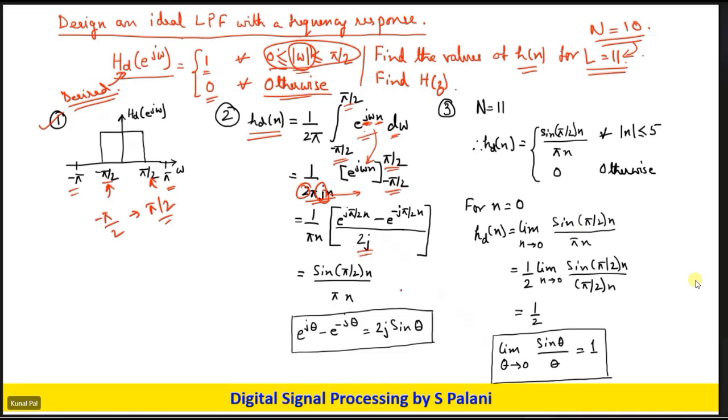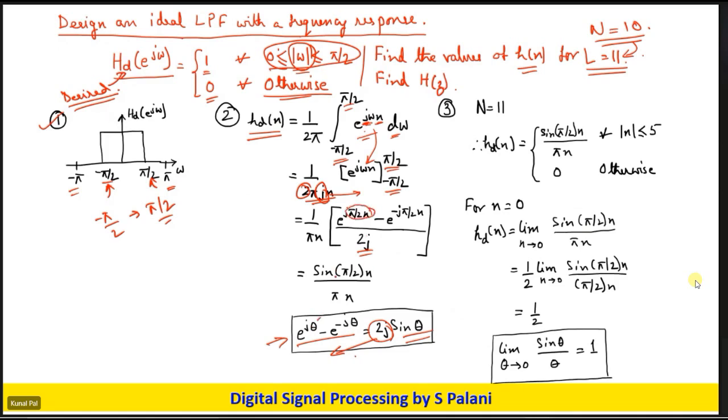If you remember correctly, there is a trigonometric identity: e^{jθ} minus e^{-jθ} is equal to 2j sin θ. If you take this 2j to the left-hand side, then we get sin θ. Here, θ is basically πn/2.